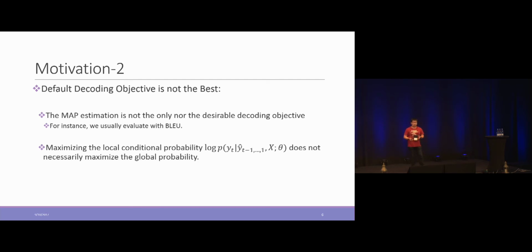We can also use human ratings to evaluate the translation result, which is not very similar to what we are training. Another point is that maximizing the local conditional probability at each time step, as we do in greedy decoding, does not necessarily maximize the global probability, which is the main weakness of greedy decoding and all other greedy decoding methods.